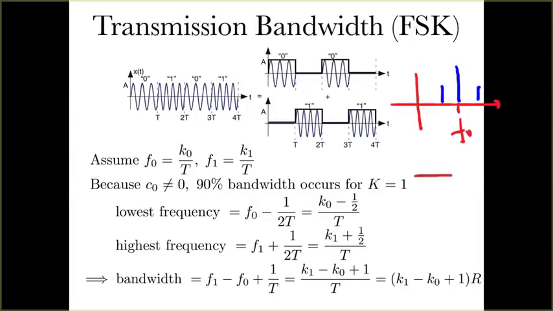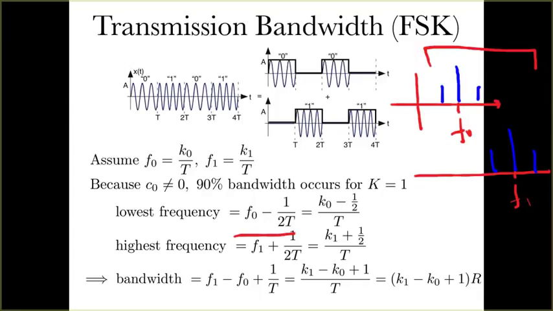So we draw the other signal, let's say it's F1, it too looks like that. So the bandwidth is going to go from the lowest frequency for F0 up to the highest frequency for F1. So that's what I show in these equations.